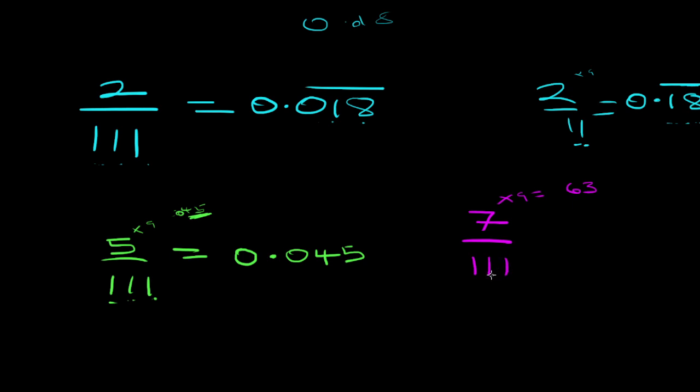But what we have here is 2 digits, so we bring a 0 in front of that. And this will give us 0.063 repeated. Forgive me, I didn't write the bar on top of the previous question. It is 0.045 repeated.